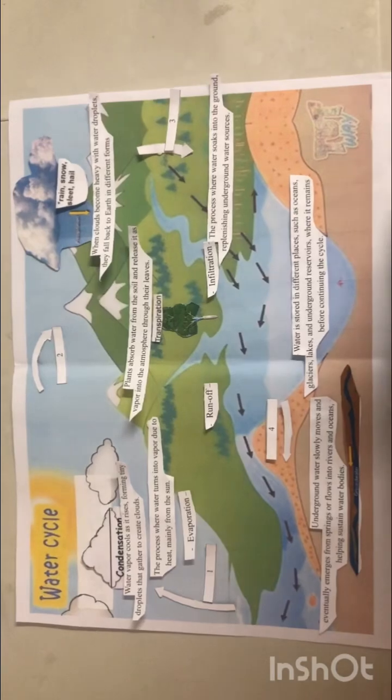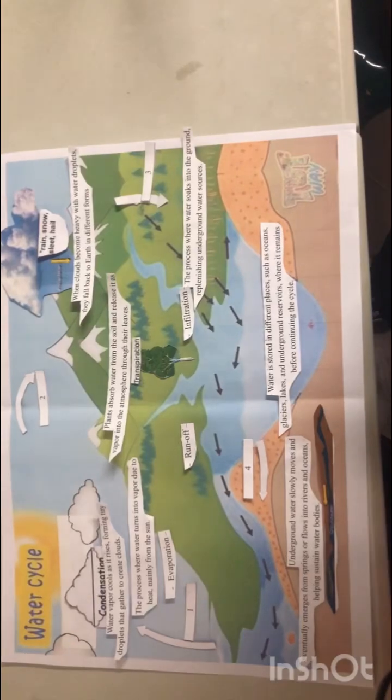That is transpiration. The next step would be runoff, which is right here. I mean, it's not even explaining anything, but if you look around, just look for the definition and match it, and take the definition that is relevant.